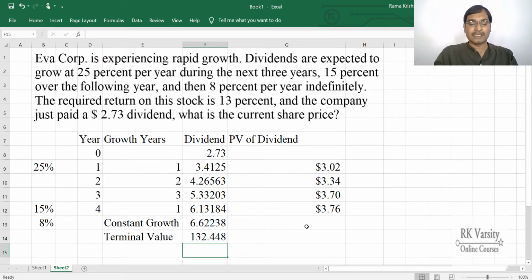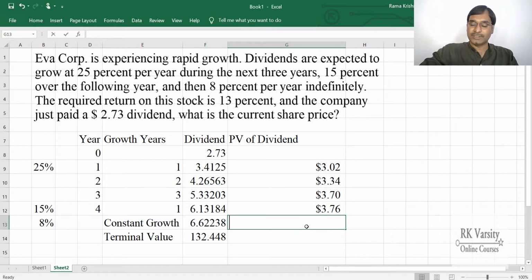Now calculate the present value of this terminal value. So this equals PV, the discount rate, or your required rate, is 0.13. Then N is 4 years. Then there is no PMT, place another comma, and the future value is minus $132.448.